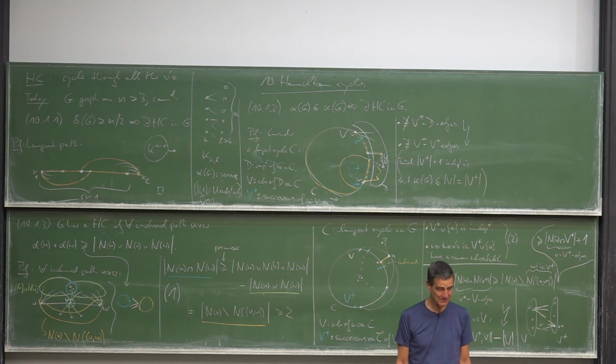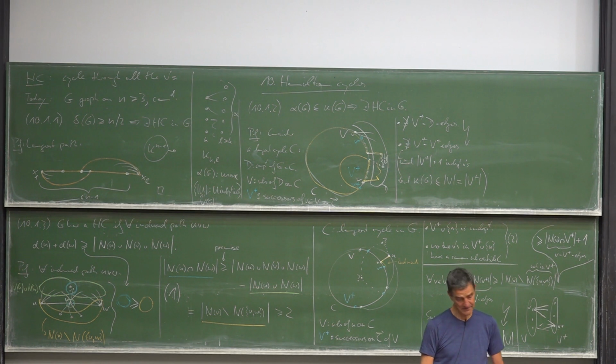But it's typical for the whole area of Hamilton cycles in graphs. So all the arguments are very pedestrian and sort of looking here and there and seeing what happens if you change that vertex and if you move along here rather than along there and so on. So that's characteristic for the field, and therefore I thought it's a good thing to include in this course.